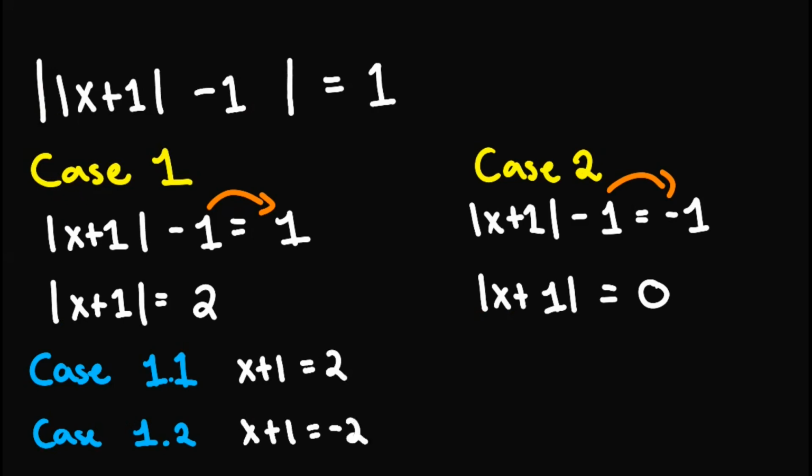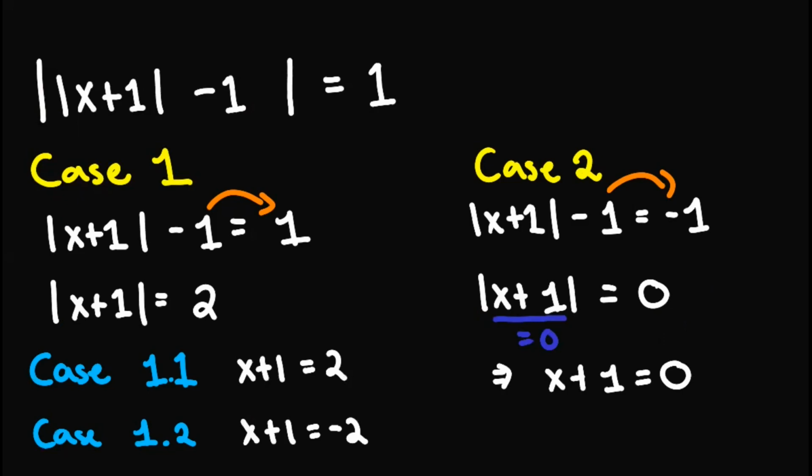For case 2, or this one out here, since the right side of the equation is 0, then we know that the only case for this one is this expression inside being 0. So we'll have here x plus 1 equals 0. And then we solve these linear equations.